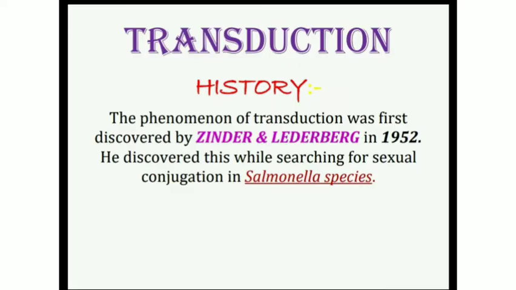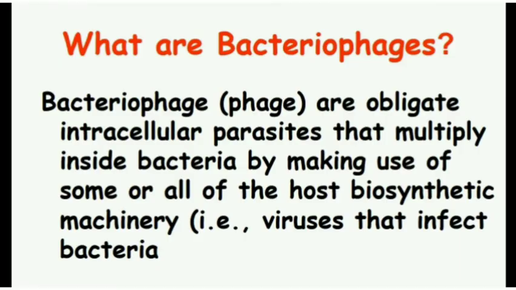History of transduction. The phenomenon of transduction was first discovered by Zinder and Lederberg in 1952. They discovered this while searching for sexual conjugation in Salmonella species. What are bacteriophages and how do they survive?